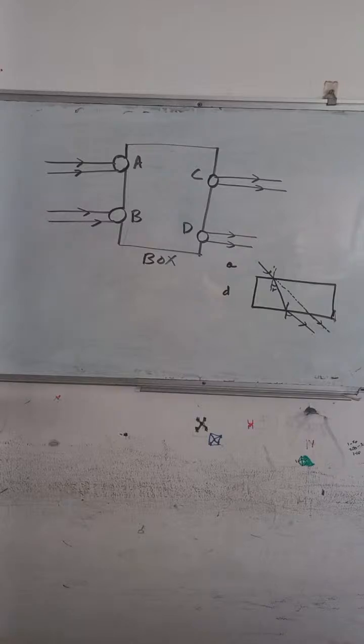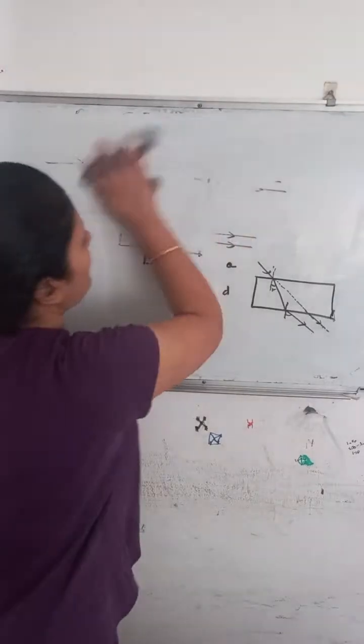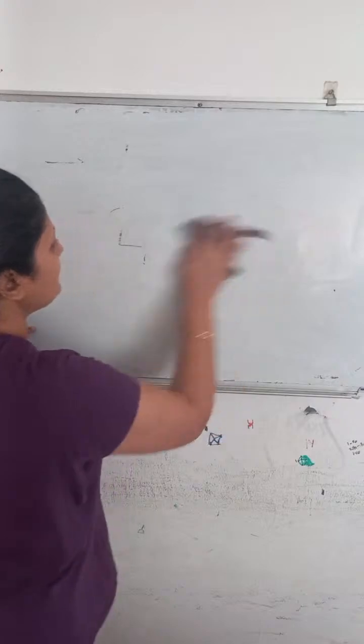Second, a rectangular glass slab. Third option, a prism. And last is the convex lens.